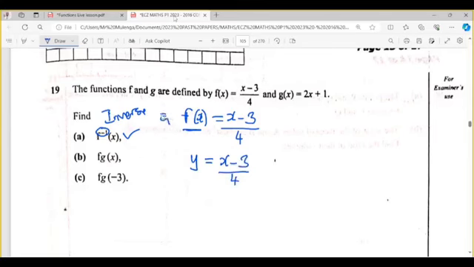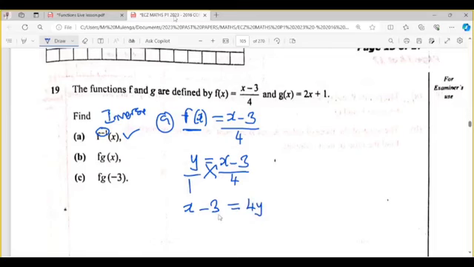So how do we find now the inverse? You need to make x the subject of the formula. To make x the subject of the formula, you can see here on the right hand side we have a fraction, and on the left hand side is not a fraction. We divide by 1, then we cross multiply. So 1 times (x minus 3) gives the same value, x minus 3, equal to 4 times y, which gives 4y.